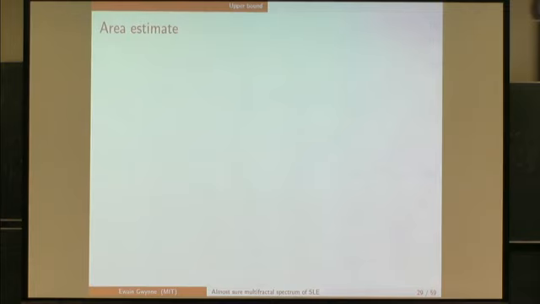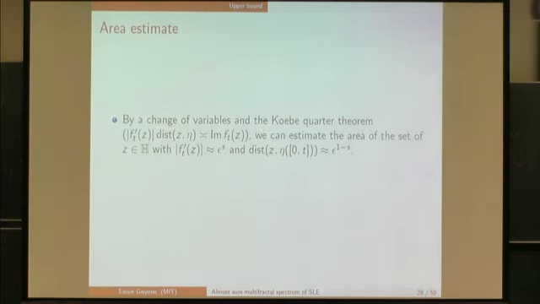And so the way we do this is we start by using a change of variables in the Koebe quarter theorem, which says that the derivative of a conformal map, here this f_t is the forward-centered Loewner maps. So here I'm switching from working with our reverse Loewner chain to working with a forward Loewner chain.